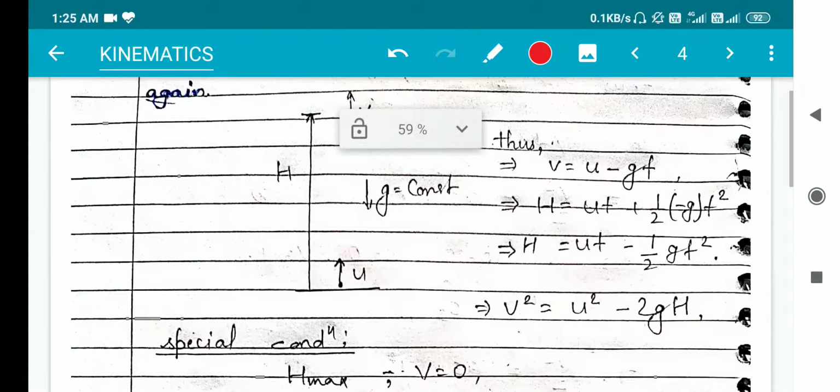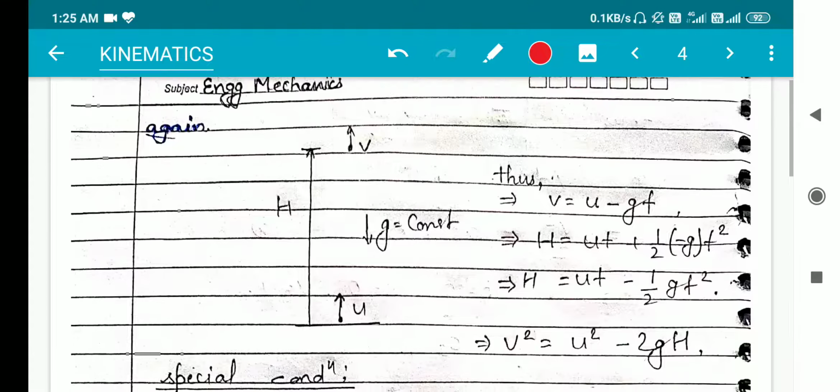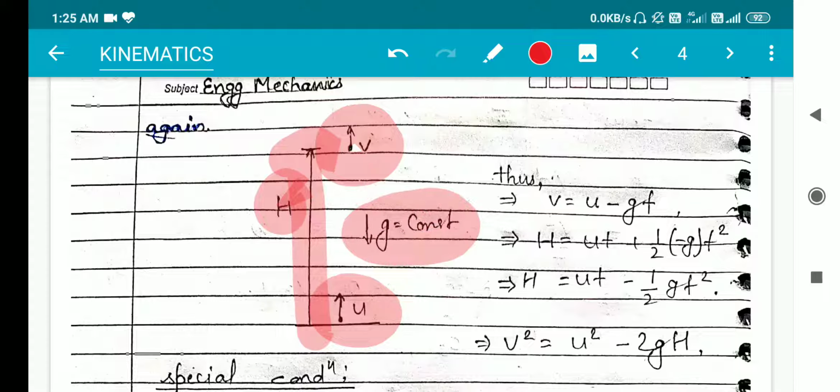Now there is one more case. Many times you friends might have played cricket, and players throw the ball in the upward direction. When the ball is thrown upward, the initial velocity will be u, the final velocity will be v, h will be the final height achieved by the ball, and g is the acceleration which acts on the ball.